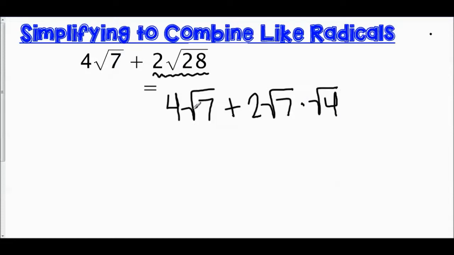Now, before I can combine these like radicals, I have to do this multiplication over here. I have to do this exponent. The square root falls under exponents in order of operations because it's a power of 1/2. So the square root of 4 is equal to 2. Then I can take this 2 and multiply it by that 2.